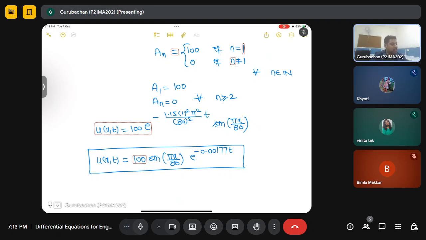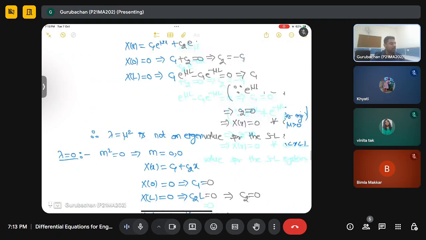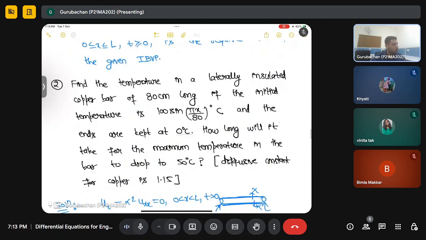Now what will be the second part they have asked for? They have asked how long it will take for the maximum temperature to drop to 50 degrees Celsius. So that means we have to first find out when this temperature will be maximum.